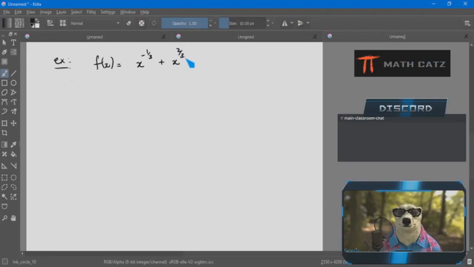If there is a fraction as a power of x, it might not be all of them. I could have this fraction power of x. As soon as there is a fraction, positive or negative, I don't care. Usually they are all of them, but not always.